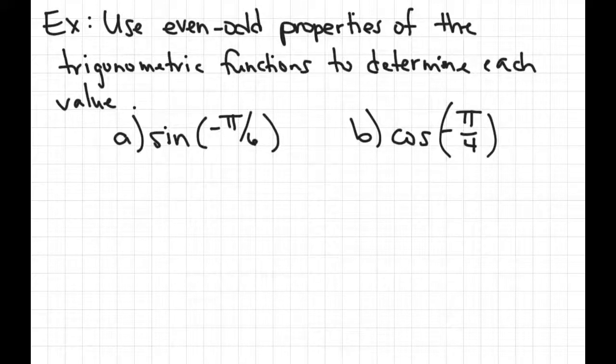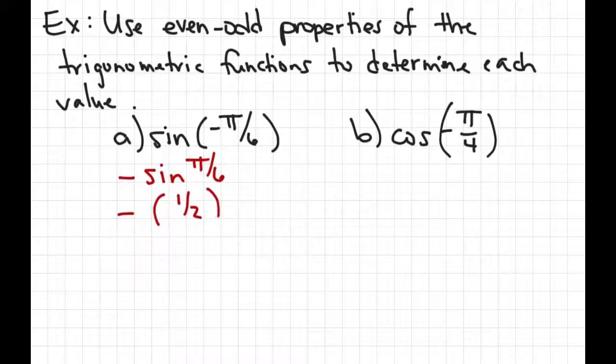So, we're going to use even-odd properties to find the trigonometric functions of each of these values. Remember that the even-odd property said if you take the sine of a negative angle, it's the same as negative 1 times the sine of that angle. As long as you remember that pi over 6 is 30 degrees, and the sine of 30 degrees is 1/2, you're going to know the answer is negative 1/2.